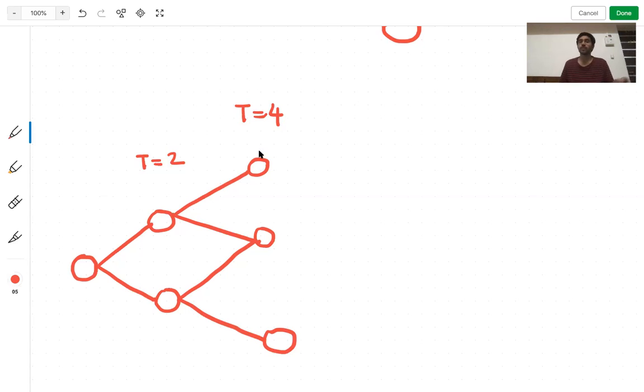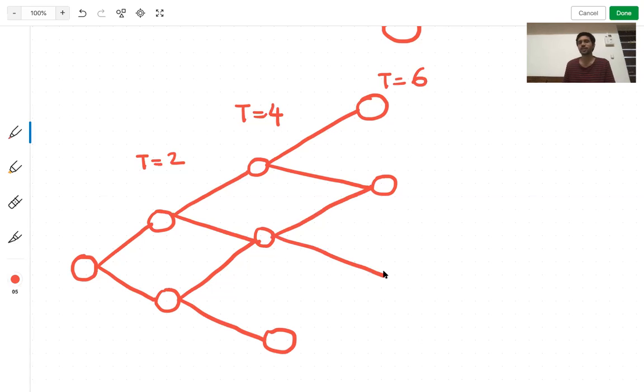Similarly, from each node at t equal to 4, there can be further either an increase or a decrease in share price, and the share price change this time will happen at t equal to 6, which is the last time step. From the upper node, the share price can either increase or decrease. From the middle node at t equal to 4, the share price can either increase or further decrease.